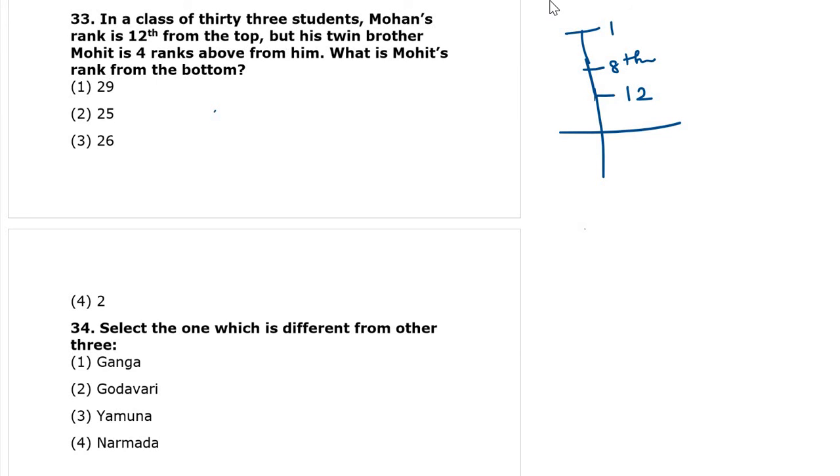This is 1. 8th rank. From the bottom, total 33 children. 33. This is the first student. 33 children. Okay. So, what is the Mohit rank? Mohan's rank is 12. This one is Mohan. This is Mohit. What is the rank?